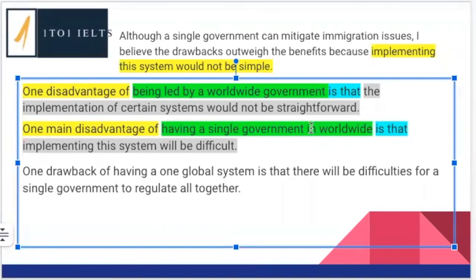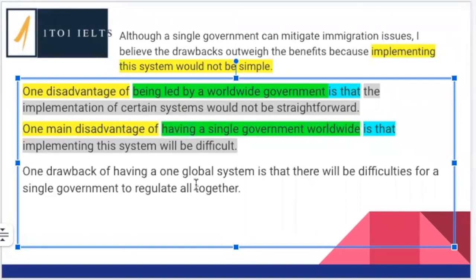Because the second you put in, you need a noun afterwards. You can't follow in with an adjective on its own or an adverb on its own. It doesn't make sense. So this is where the problem was. So if you got rid of the in worldwide and just had a single government worldwide, the worldwide here is referring to the having. So this actually works.